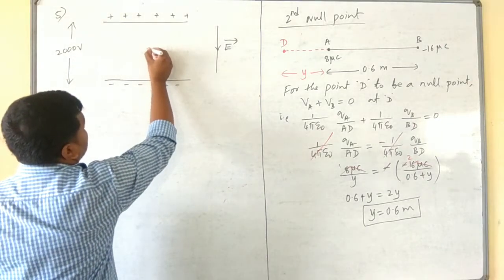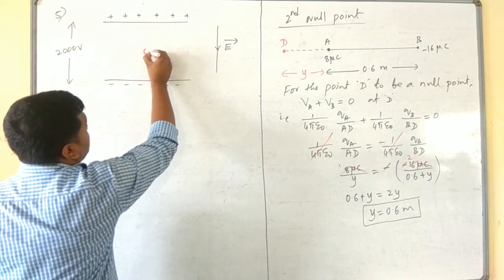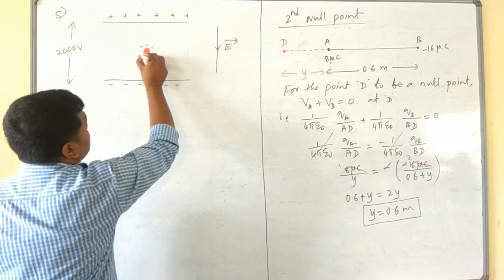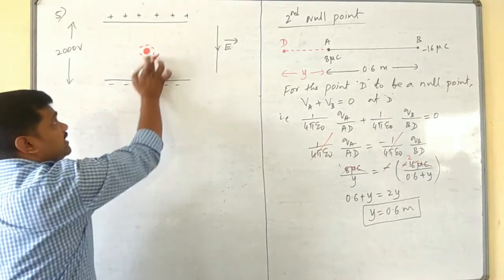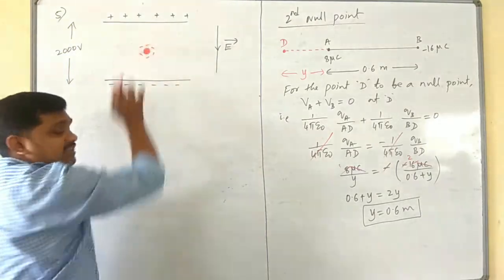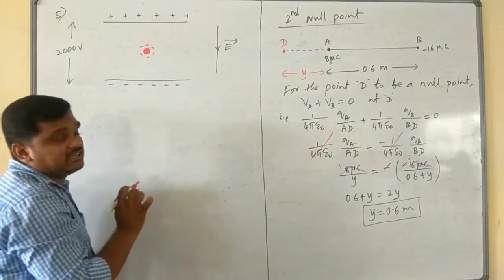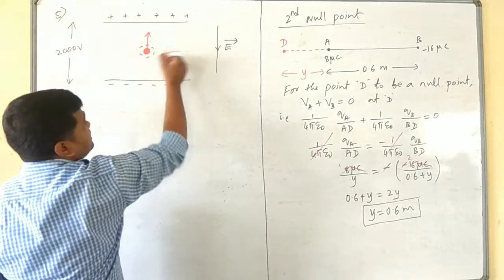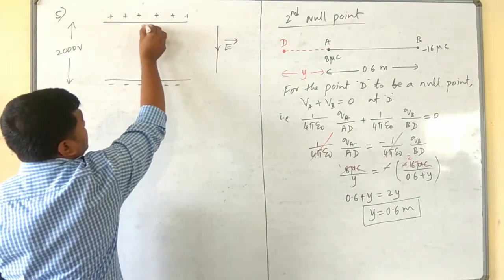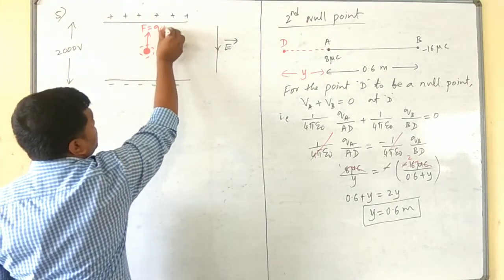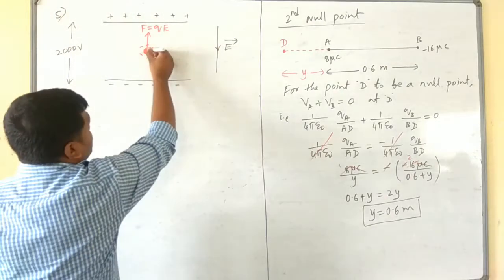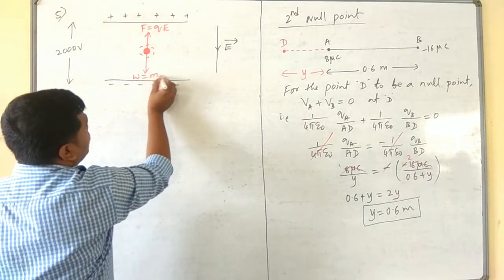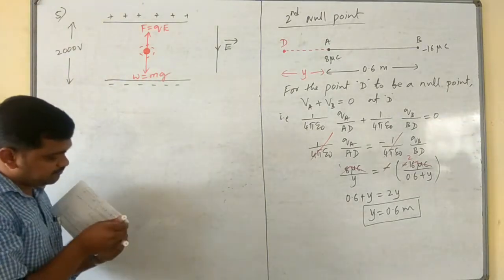So I will take the oil drop here. That oil drop is having, for example, negative charge. Then only this negative charge gets repelled by this negatively charged plate and it remains stationary. Here, the direction of force on it is like this, and it is given by F is equal to QE. So the weight is given by W is equal to mg.